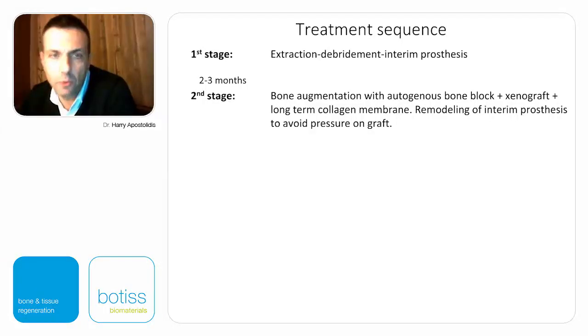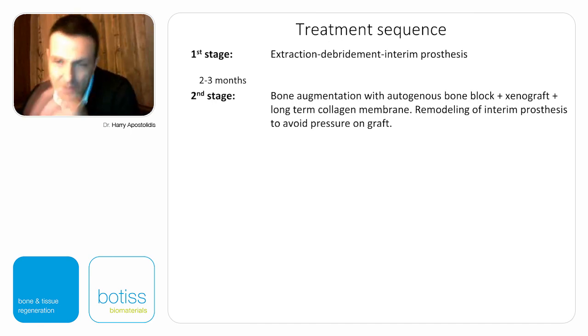We wait for about 2-3 months for the soft tissues to heal completely, and then we do our bone augmentation with the autogenous bone block, the xenograft granules, long-term collagen membrane, and then, of course, before the patient goes away, we remodel the interim prosthesis to avoid pressure on the graft.